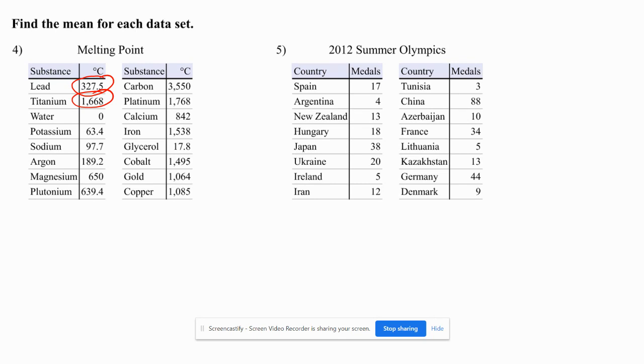So I'm going to add my numbers: 327.5 plus 1,668 plus 0 plus 63.4, and on and on. I type it on my calculator and I happen to get 14,990. Let me divide this by how many numbers we have. There happen to be 16 numbers.